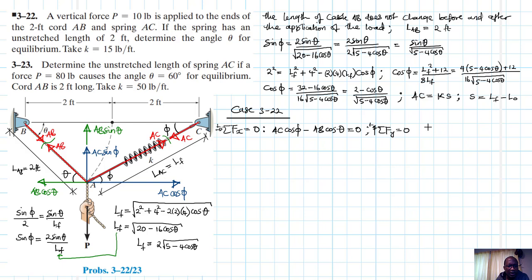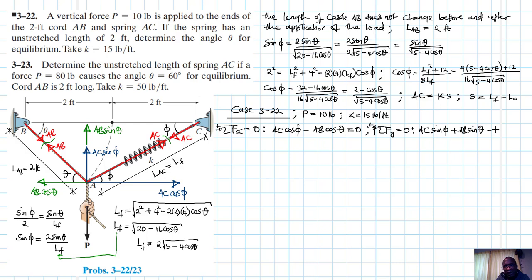We have AC sine phi plus AB sine theta minus P. I just want them to be in the same order; it doesn't matter which one you start with. P is equal to 10 pounds, and K here is equal to 15 pounds per foot.